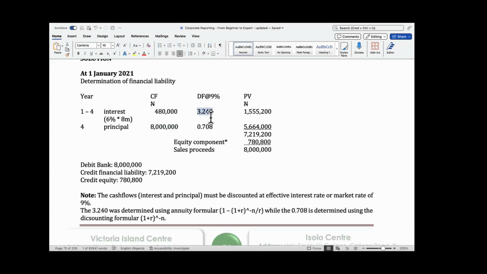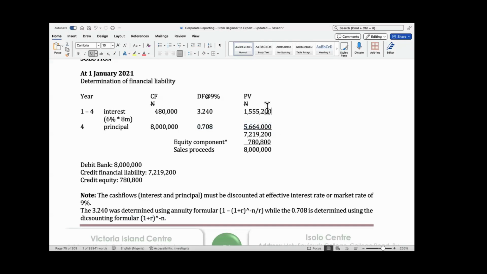So since we are paying 8 million in the next 4 years, for the present value of that you use 1 plus r raised to the power minus n. If you punch that on your calculator, where r is 9% and n is 4 years, you get 0.708. If you multiply that by 8 million, it gives you 5.6 million.